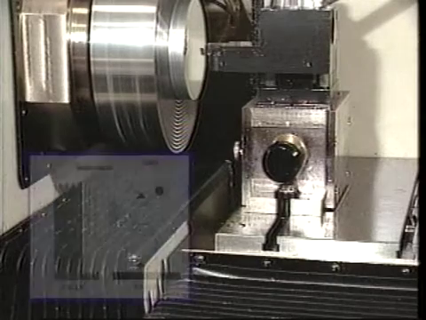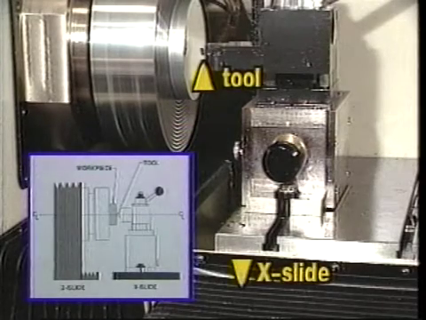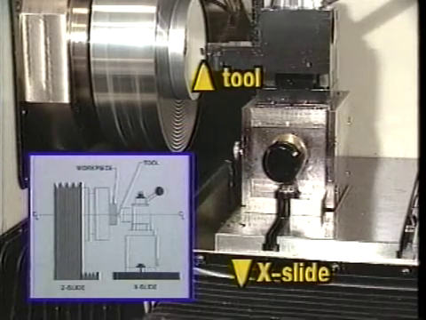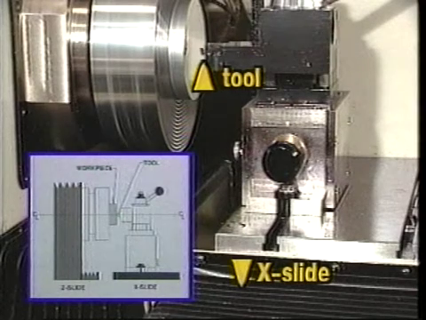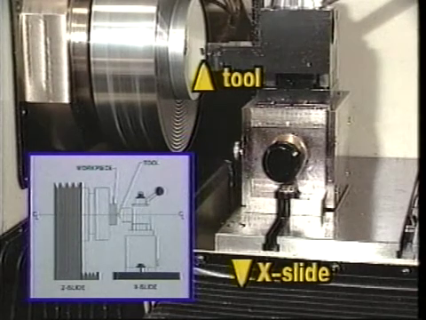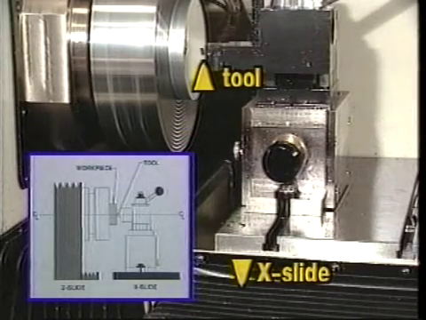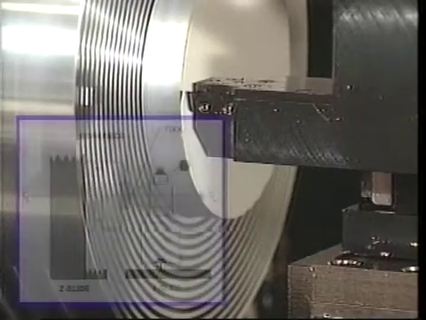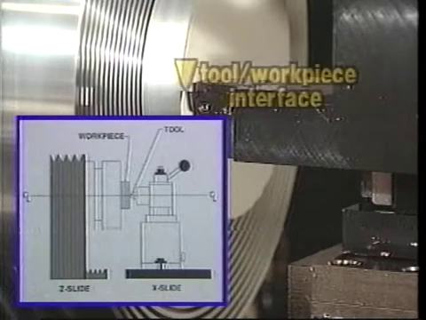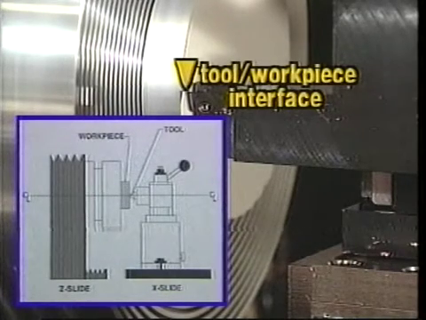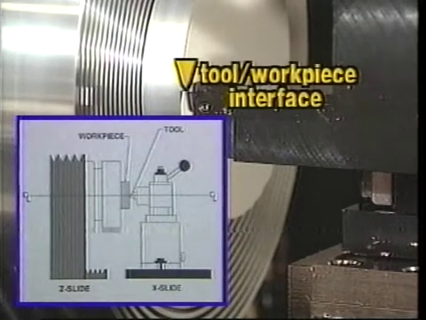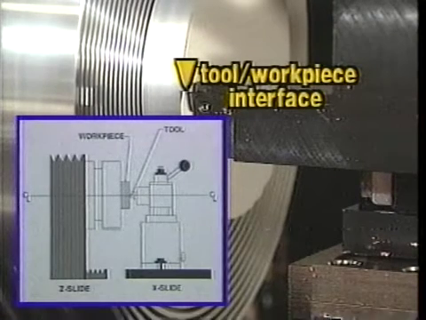The diamond cutting tool rides on the x-axis slide. The tool engages the workpiece at the horizontal center line of the spindle. Therefore, the straightness of the tool motion in that horizontal plane is the unknown to be determined.